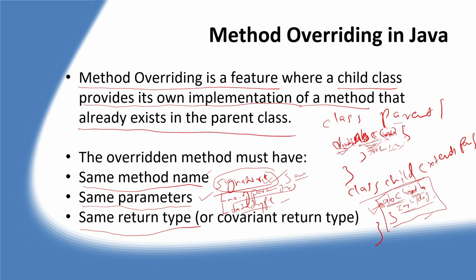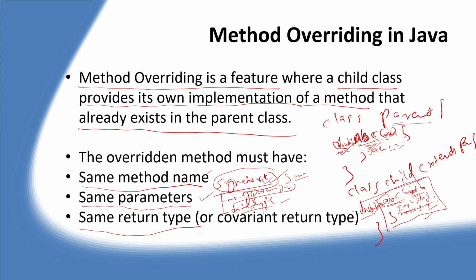So double is the return type of the ABC method present in the parent class. So here it is written the same return type. Same means here also we need to use double return type. So this method will also return some double value, 3.4, 4.3, whatever.